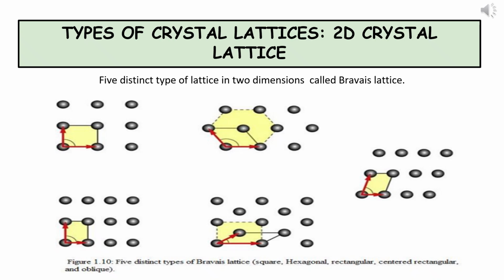As you can see, the two vectors in the first one form a square. In the second one, you can see they form a hexagon as they are at different angles. We can form different crystal structures by choosing the two vectors in a 2D crystal lattice.